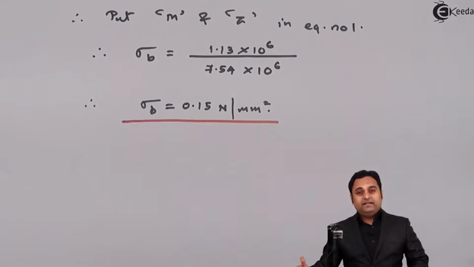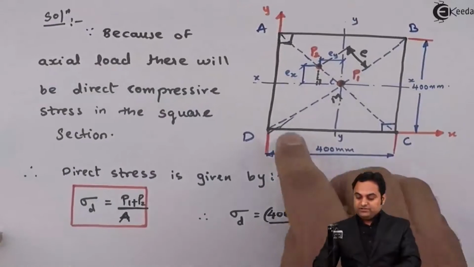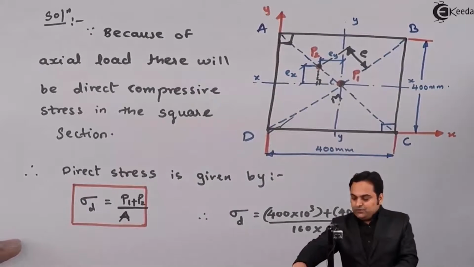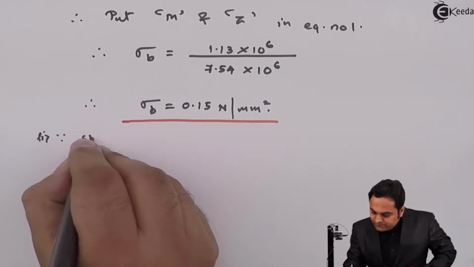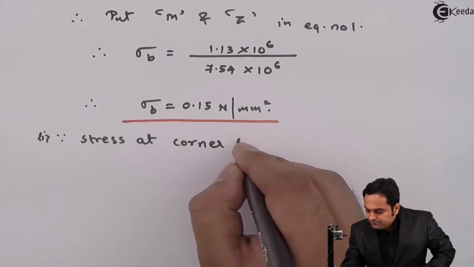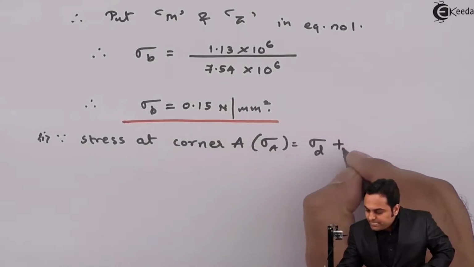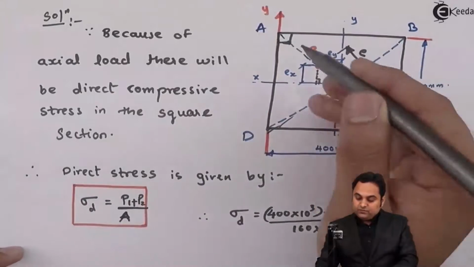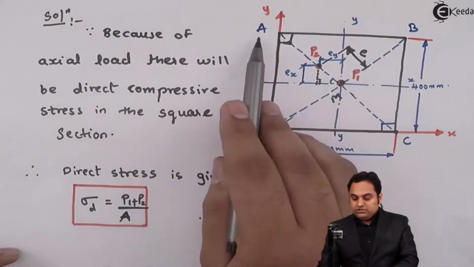After getting the direct stress and bending stress, now we can go for the calculation of stresses at all four corners, starting from point A, because that is asked in the question. The stress at corner A, sigma A, will be direct stress plus bending stress. Why? Because direct stress acts on all of the corners, but bending acts at the corner closer to the load.